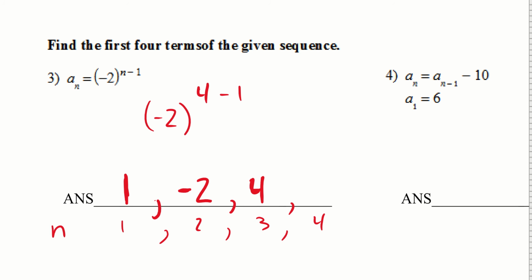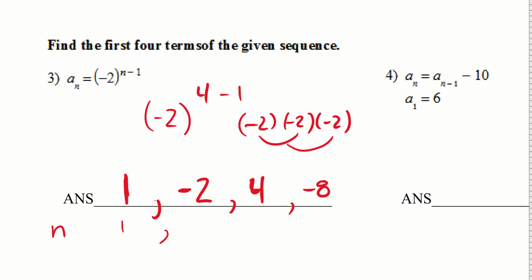I've got -2 to the third power, which is -2 times -2 times -2. -2 times -2 is +4, and then a +4 times another -2 would be a -8. So those are the first 4 terms of my sequence. I was given the explicit formula, and basically I'm just putting in the term number that I want. I put in 1, 2, 3, 4 to get the first, second, third, and fourth terms of that sequence.